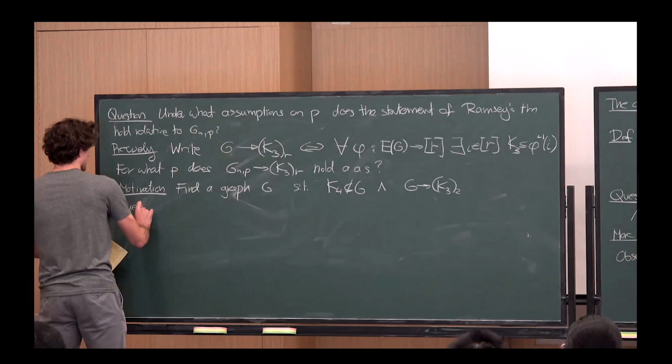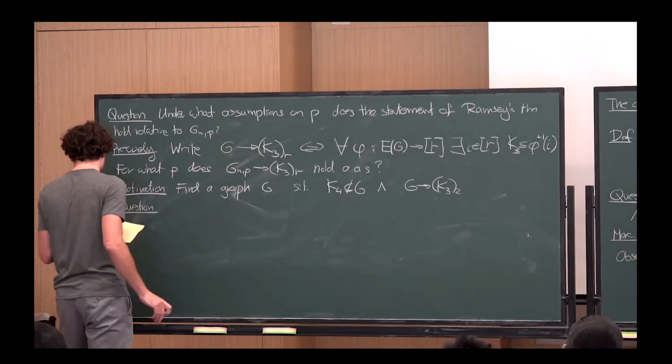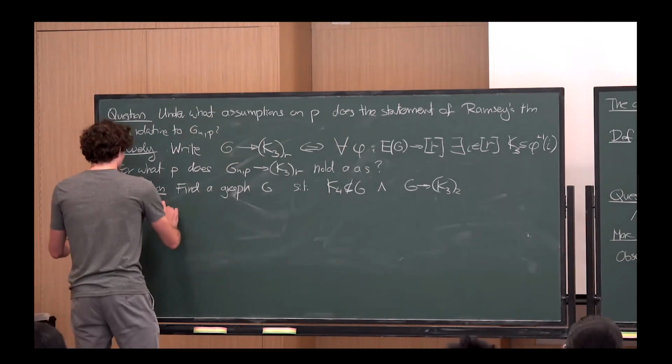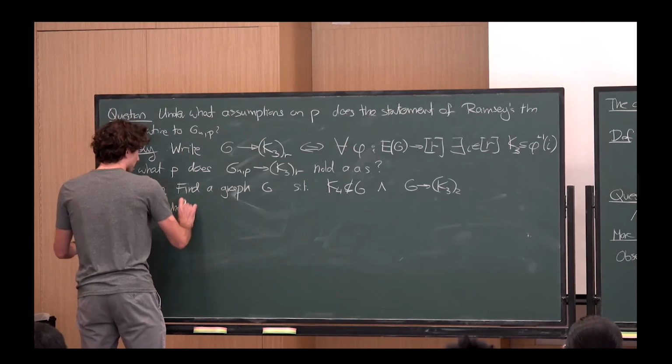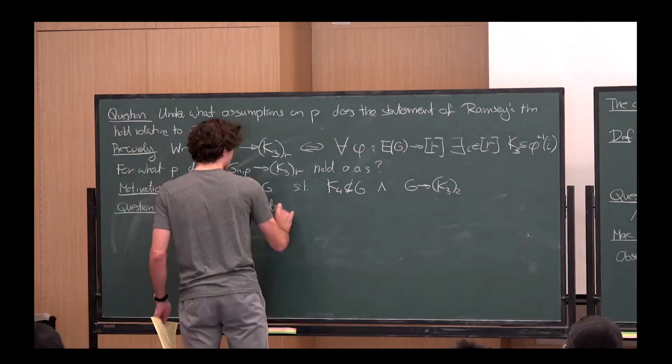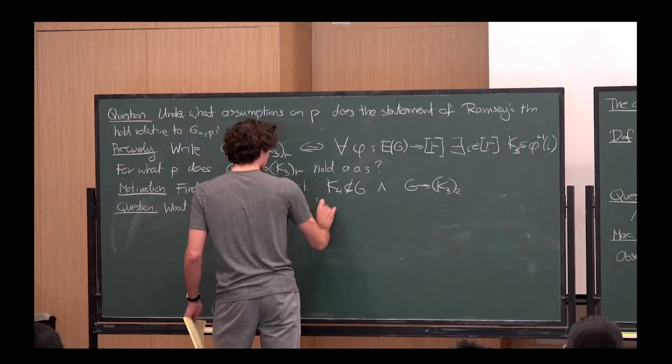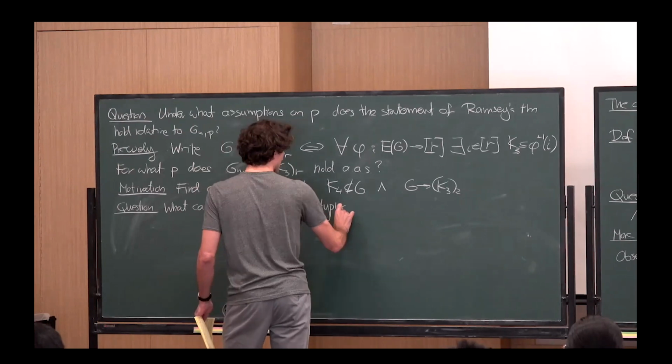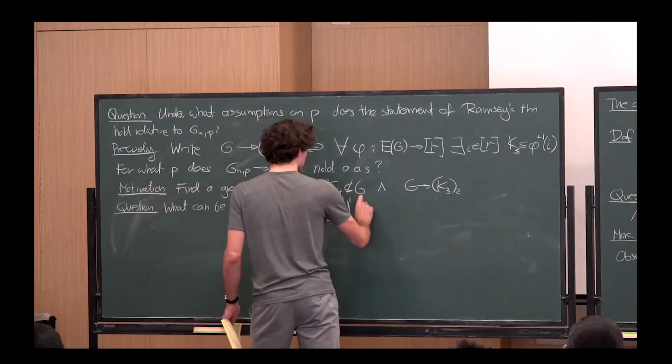What can be said about a typical triangle-free graph?